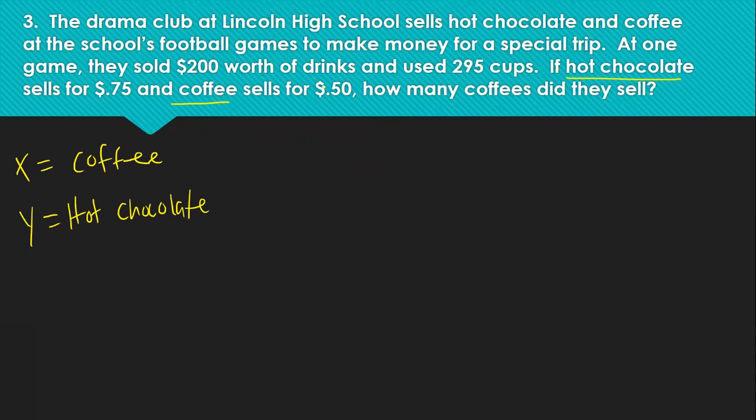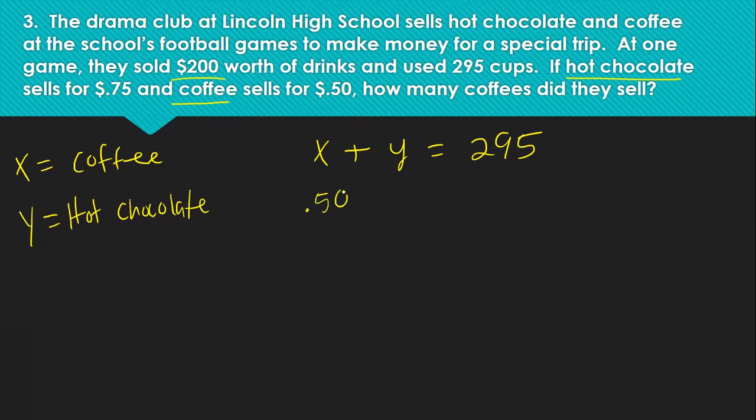So first thing we know is that at one game they sold $200 worth of drinks and used 295 cups. So we know combined x plus y equals 295 cups. Agreed? And then it tells us the money. So money-wise, hot chocolate is 75 cents and coffee is 50 cents.